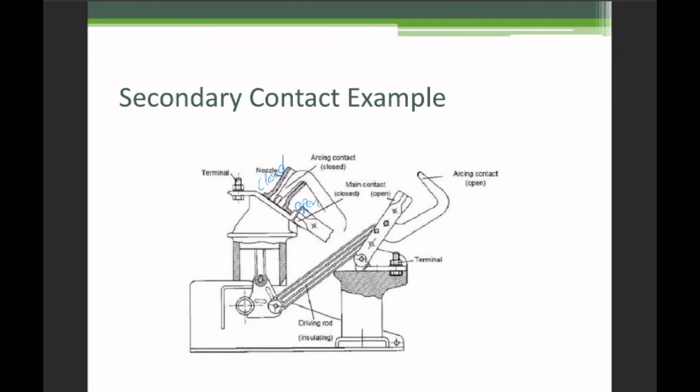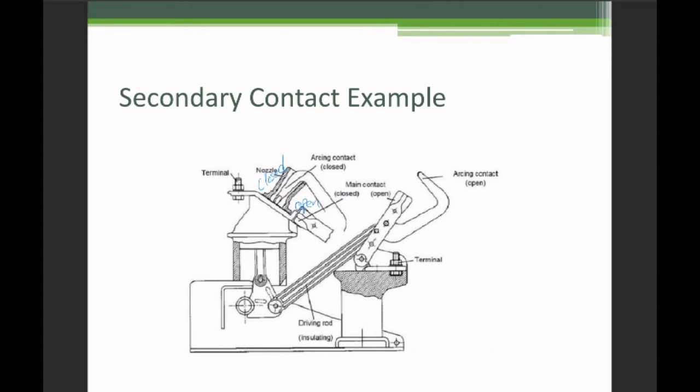Now, what this arc contact shown here is designed to do is contain the arc within this funnel shape. And then once you exit the funnel, it's designed to swing very quickly and make a lot of space, which will overcome the arc's ability to stay hot very quickly. And so that's how it's going to deal with the arc. It's going to allow that arc to form, and then it's going to stretch it much too quickly for the arc to be sustained, and the switch is now open.